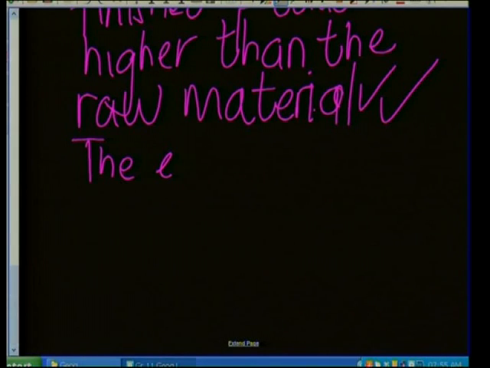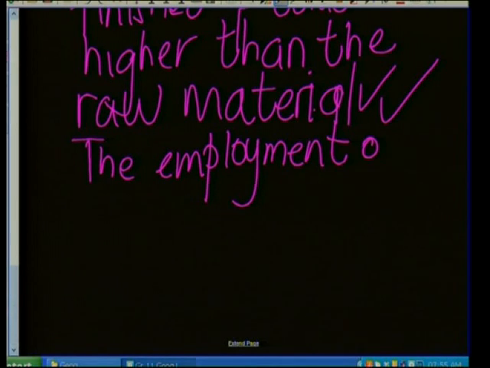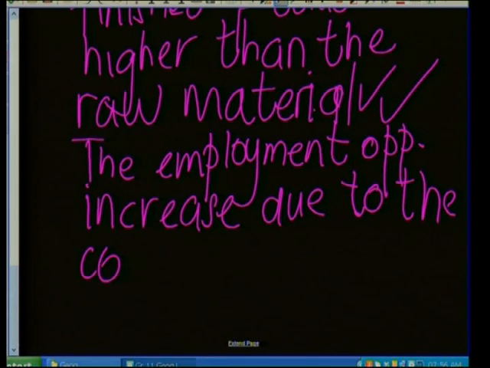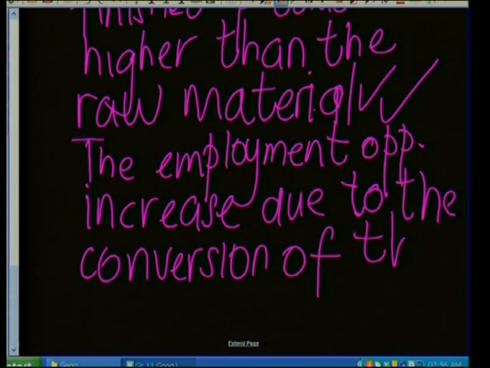Remember, if there is a conversion of the raw material, that would be providing employment opportunities in the country. So we can include that. The employment opportunities increase due to the conversion of the raw material.